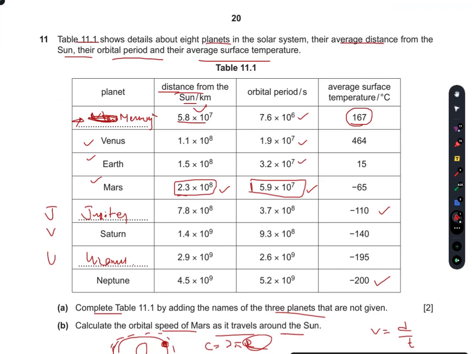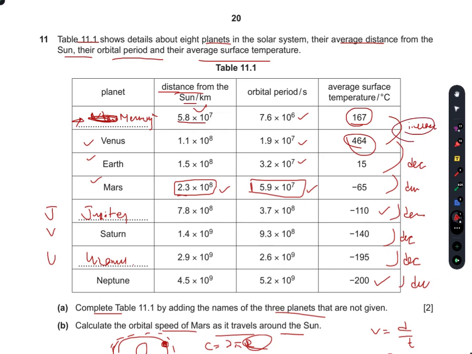The surface temperature increases from Mercury to Venus, then it decreases again. It decreases from Earth to Mars, decreases again, decreases again, decreases, and this trend is followed. So the only anomaly here is for the Venus here. The temperature should decrease here, but temperature increases here.